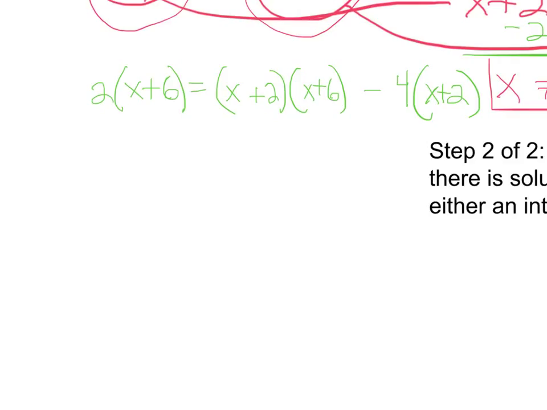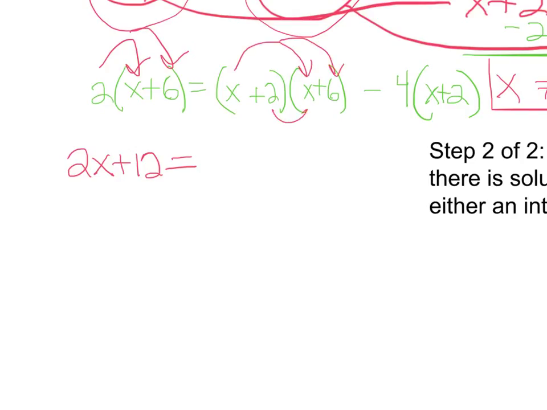Okay, so we could distribute 2 times x, 2 times 6, and we get 2x plus 12 equals, and on the right side we can distribute this x to both of those terms, and then we'll also have to distribute the 2. x times x is x squared, x times 6 is 6x, 2 times x is 2x, and then 2 times 6 is 12.